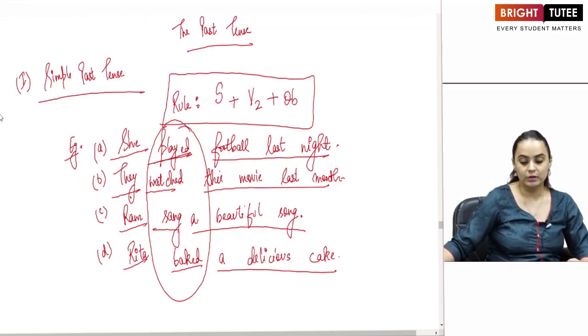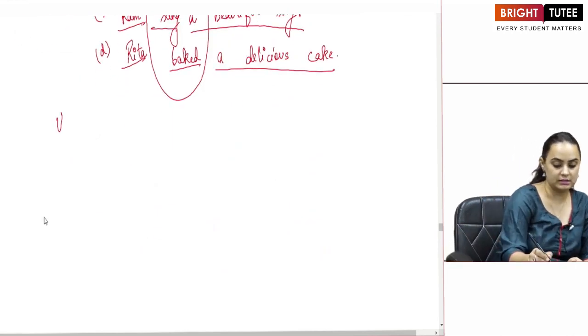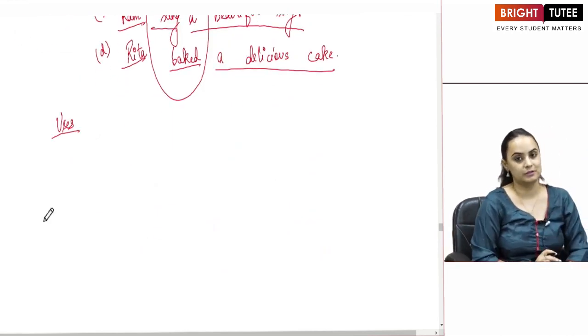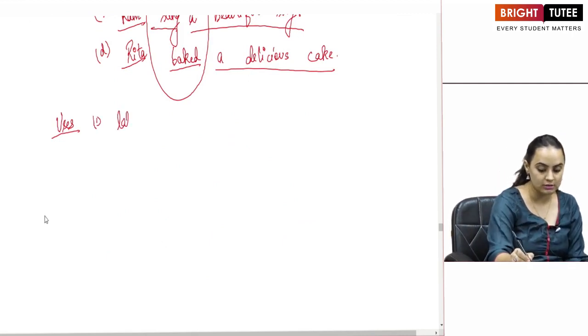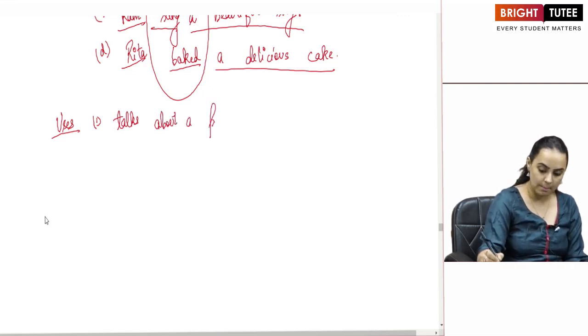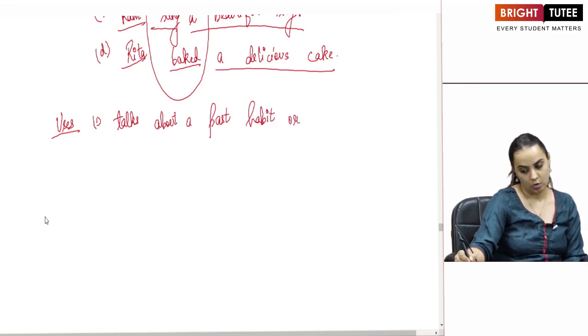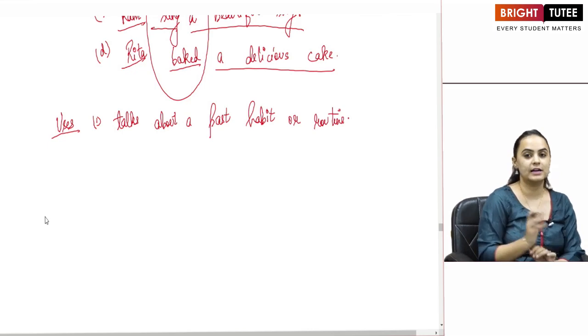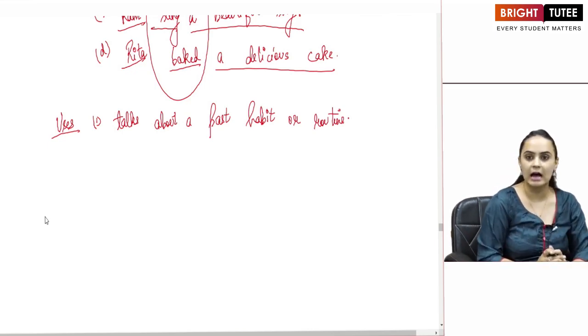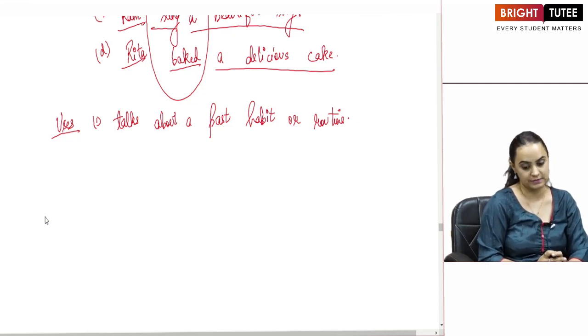Now, how do we use the simple past tense? What are the uses of the simple past tense? The first use is it talks about a past habit, so a routine or a habit of yours that was there earlier but now it no longer prevails, we use the simple past tense for that.